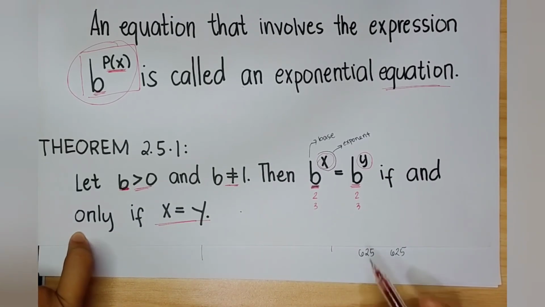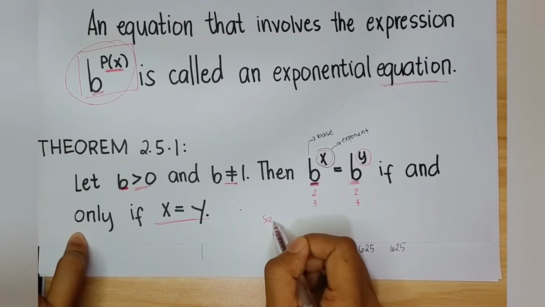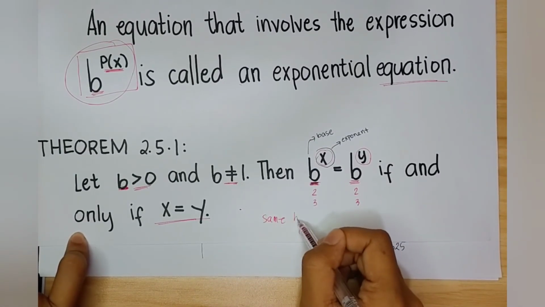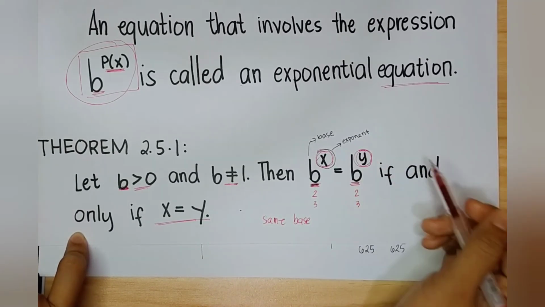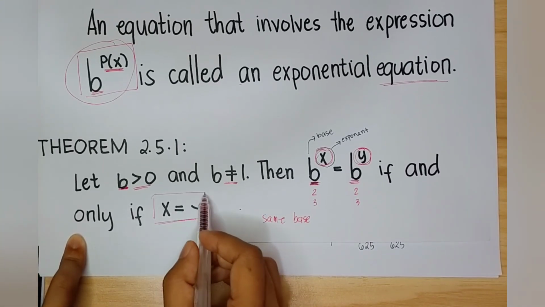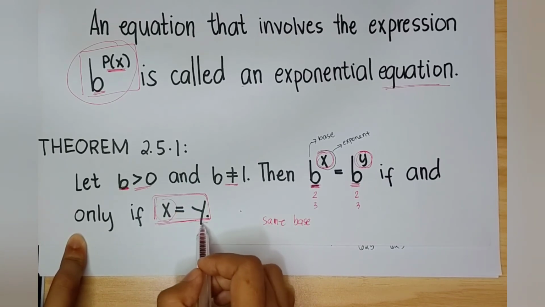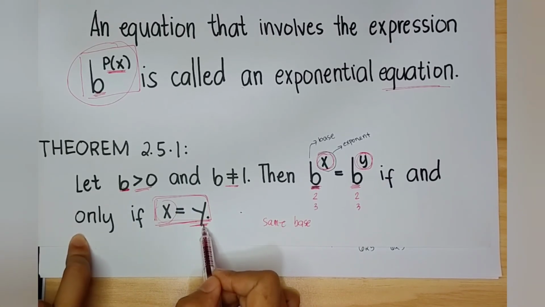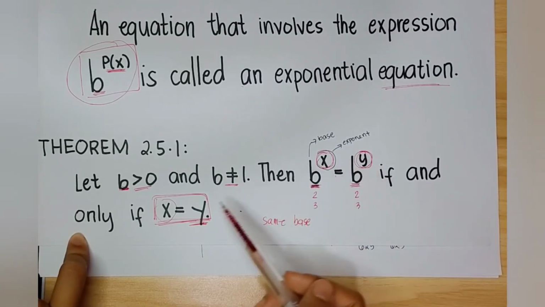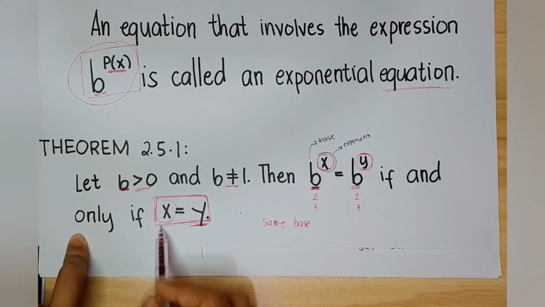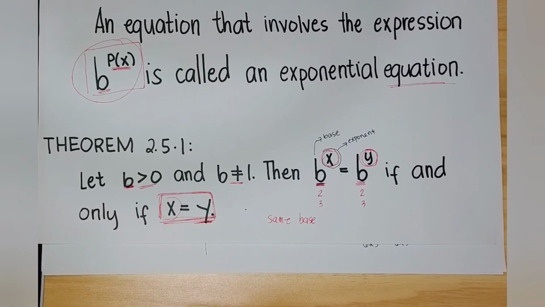Then, if mag-solve tayo, dapat same sila ng base. Then, saka tayo mag-solve sa exponent natin. Then, that means, our exponent, ito yung sa x natin, yung value ng y, yan yung sagot ng x natin. So, yung b to the power of x is equals to b to the power of y, if and only if yung x is equal to y. So, that's how we solve our exponential equation.